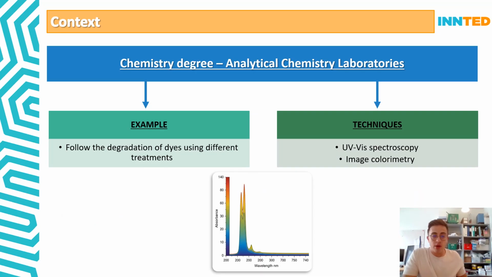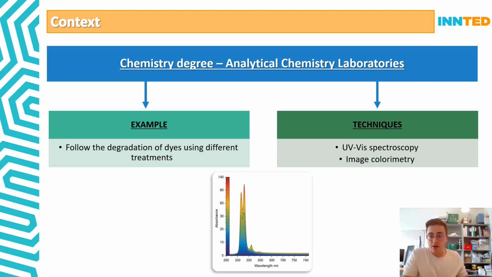For example, one of the case studies that we can address with this approach deals with the degradation of dyes using different treatments. In this case, we apply different degradation techniques, different degradation approaches, and we observe how those dyes are degraded. That final measurement can be done using colorimetry.